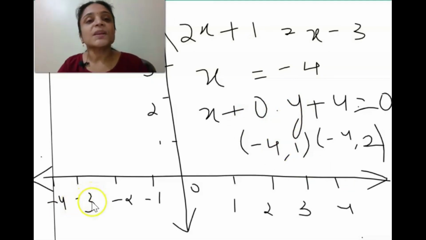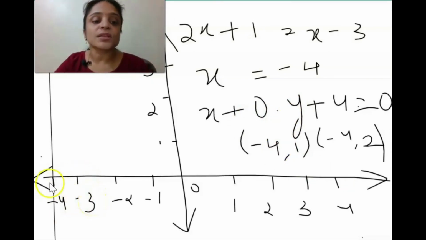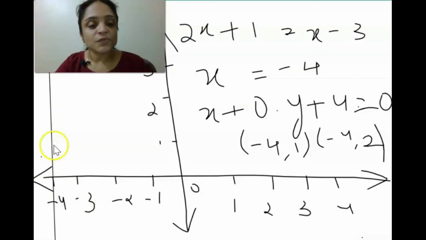So x will be minus 4 always. So this is the point where x lies, minus 4. So you will have the points minus 4, 1, minus 4, 2, minus 4, 3, etc. And when you join these points, you will get a line like this, which is parallel to the y-axis.